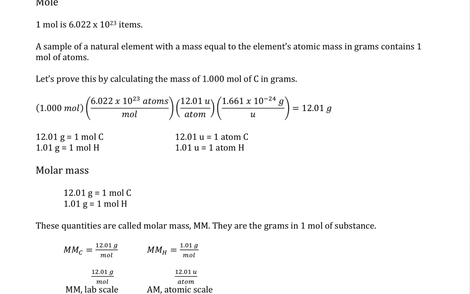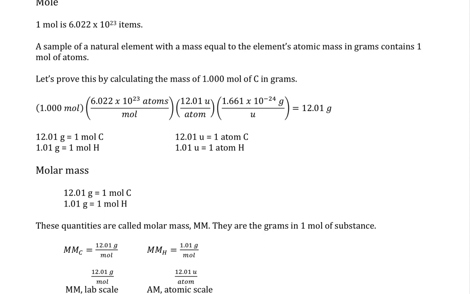We also could say 12.01 U equals 1 atom of carbon. It depends what scale we're on. If we're on the lab scale, we're talking moles and grams. So that number on the periodic table, that 12.01 for carbon, is the grams per mole.